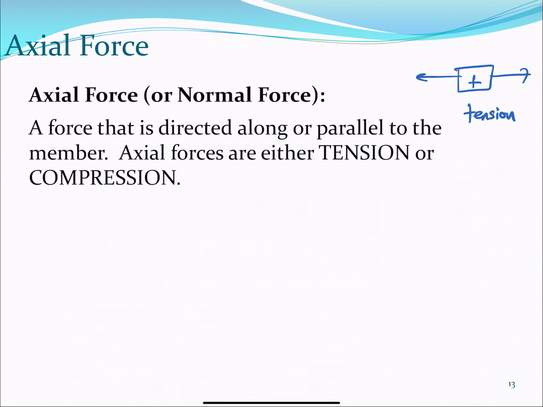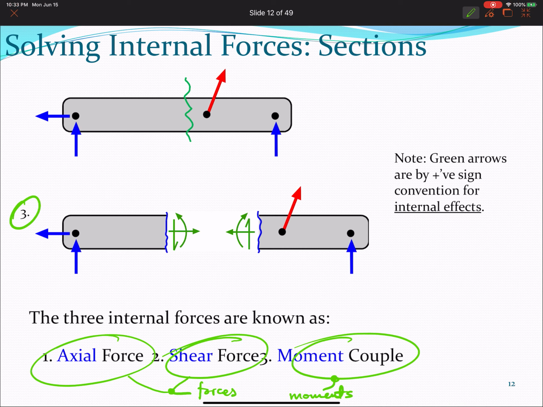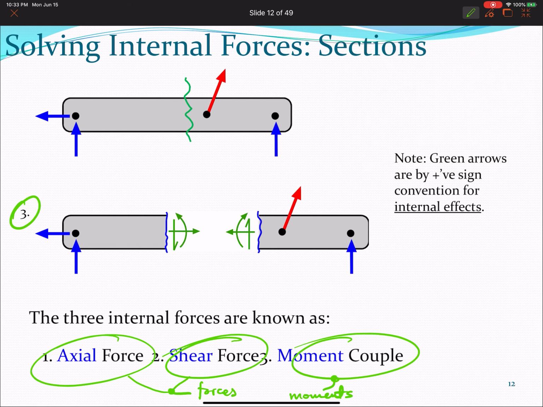So let me see. Here, what about I use blue color? No, green color. So once I exposed them, I saw that they are equal but opposite in direction, and that's required for equilibrium, right? Now, this guy is the axial load.